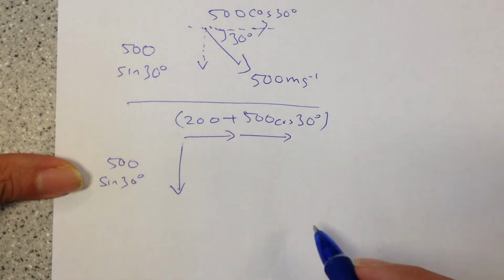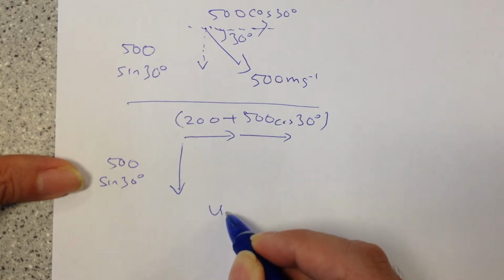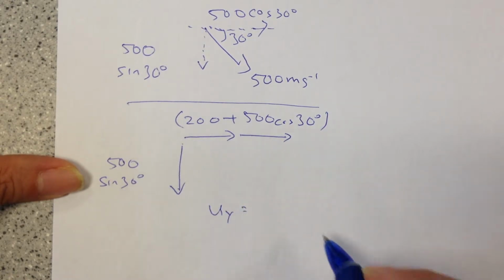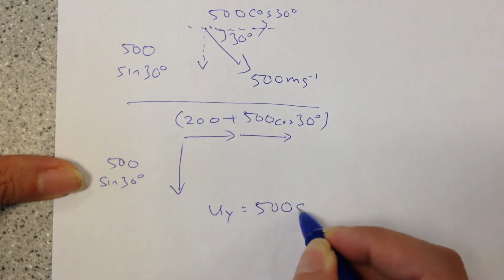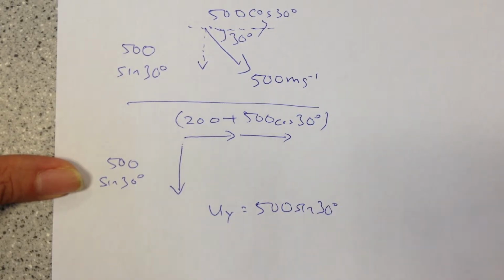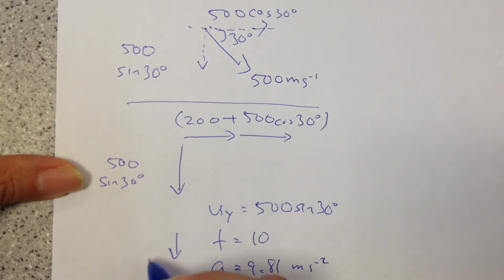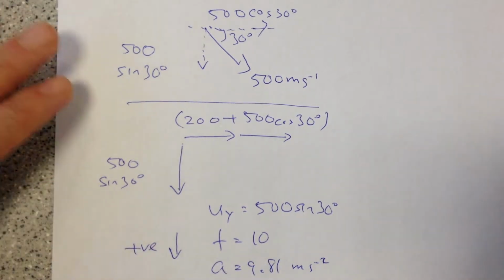If you consider the vertical component, you have u_y equal to 500 sine 30 degrees, t is equal to 10, a is equal to 9.81 meters per second squared. In this case, I assume the downward direction to be positive.